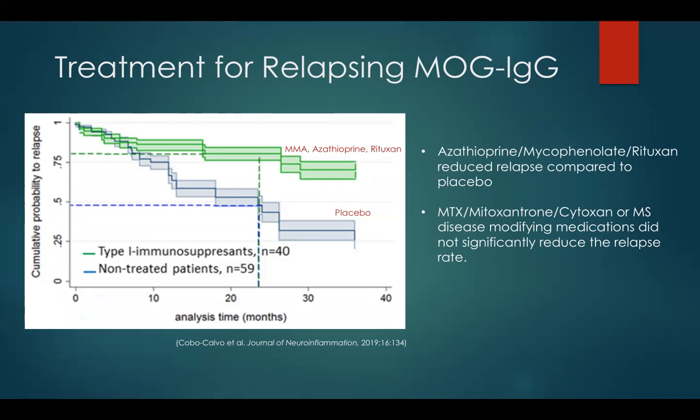The group also looked at methotrexate, mitoxantrone, Cytoxan, and then our MS-DMTs, and did not find a significant difference in reduction of relapse rate compared to the mycophenolate, Rituxan, and azathioprine.